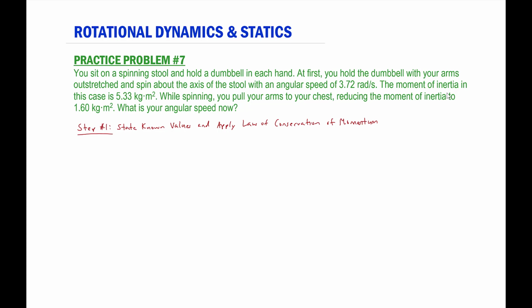So what are we given? We are given omega I is equal to 3.72. We don't know omega F, and that's what we're trying to find. We are given the initial moment of inertia, which is 5.33, and we're given the final moment of inertia, which is 1.60.